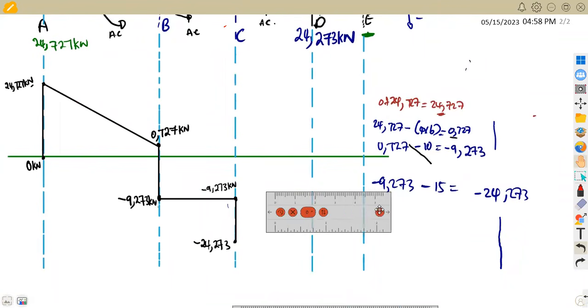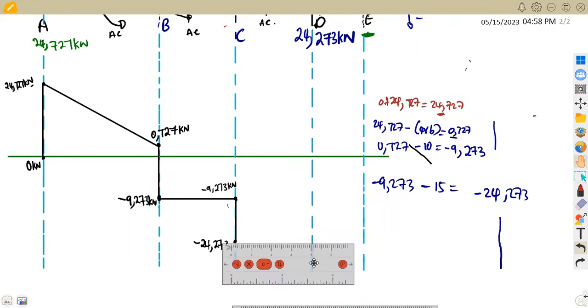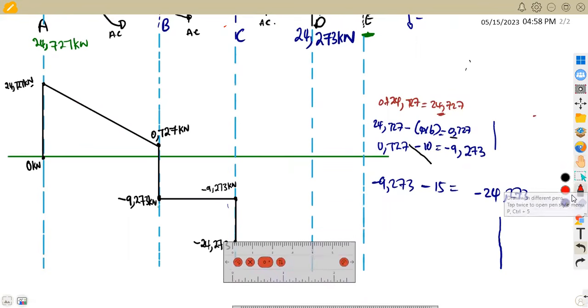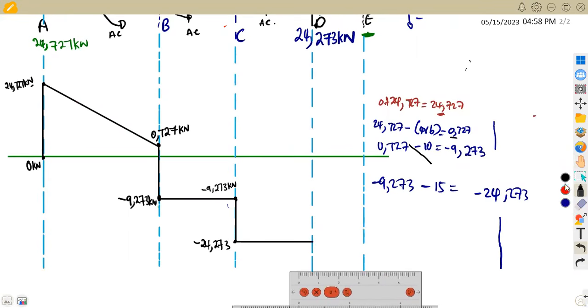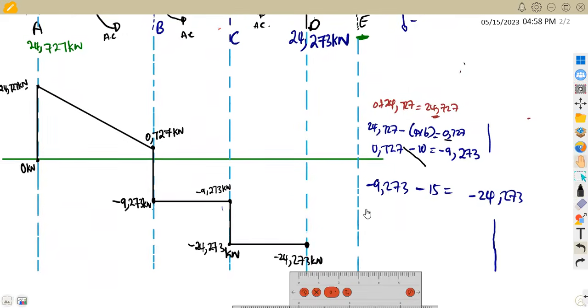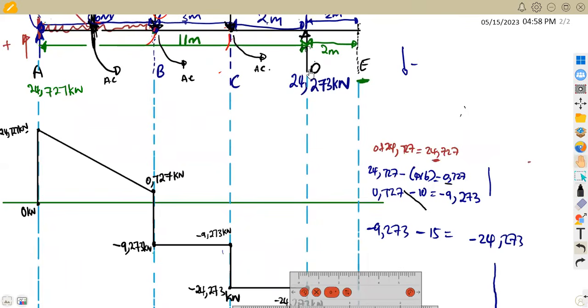So it's going to be horizontally joined straight, meaning to say we are still at negative 24.273 kilonewton. We are still at this value here. All right, so from this value now, we are at point D. Straight here, we go straight to point D.